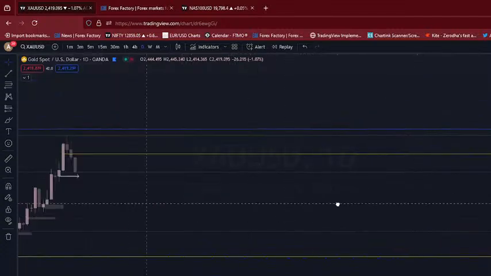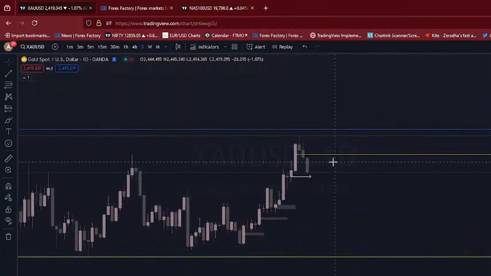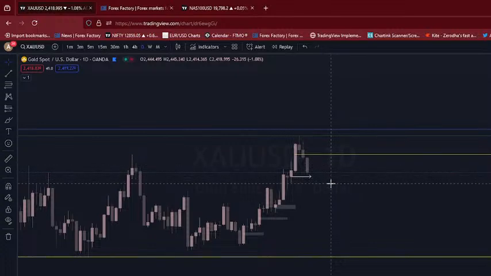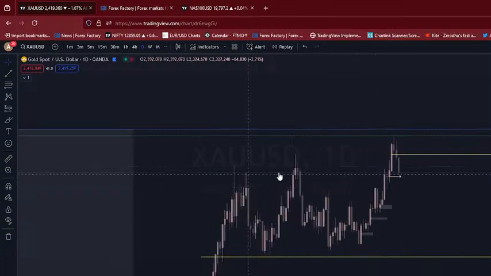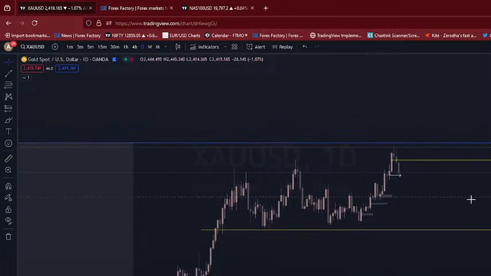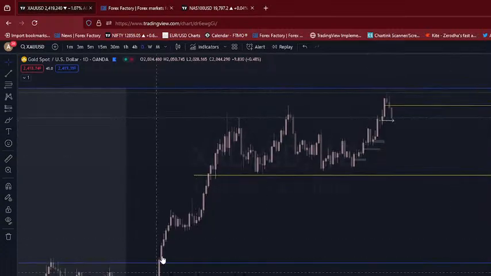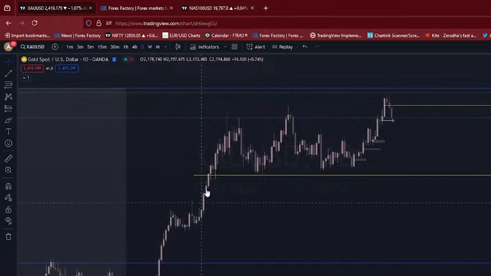We'll definitely be looking for this breakout. It didn't happen as per the breakout; they don't give us a very impulsive move like these moves. See these moves, these are the impulsive ones.